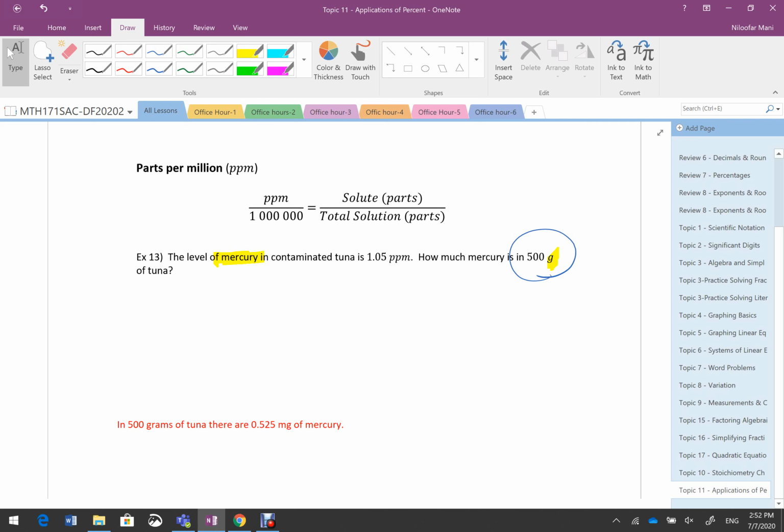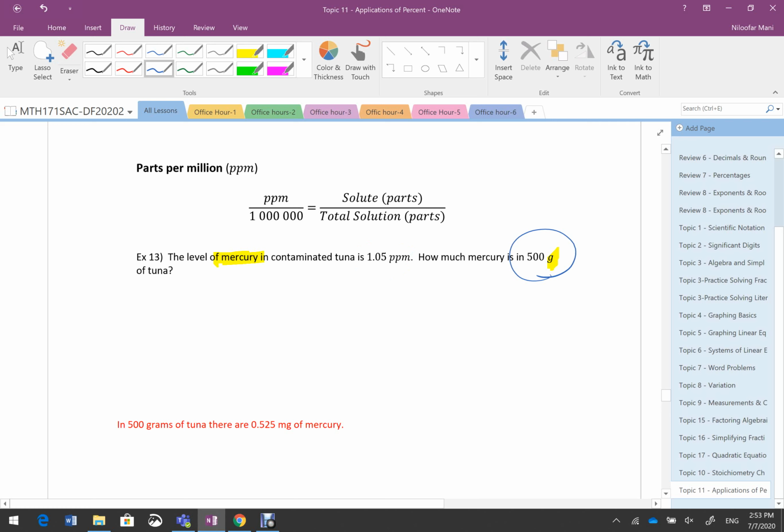So here it says the level of mercury in contaminated tuna is 1.05 part per million, meaning 1.05 gram per 1 million gram, or for example 1.05 kilogram per 1 million kilogram. Do you know what I mean? So the top and bottom are the same. I don't need to say what, it depends on the question. Okay, so in this question it is gram.